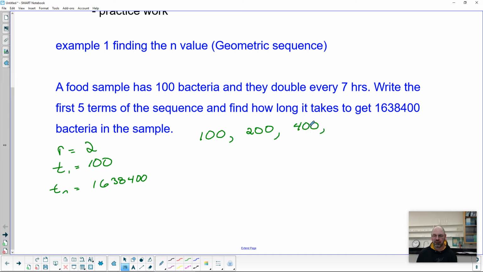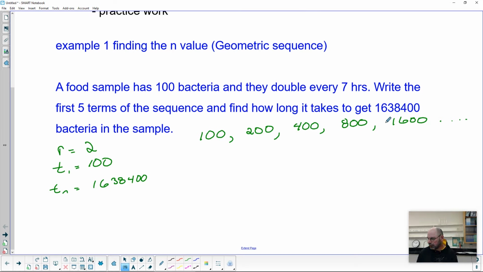Our fourth term is 400 times 2, 800. And our fifth term is 800 times 2, which is 1600. So that is it, and it's going to keep on going until we get to this number here.